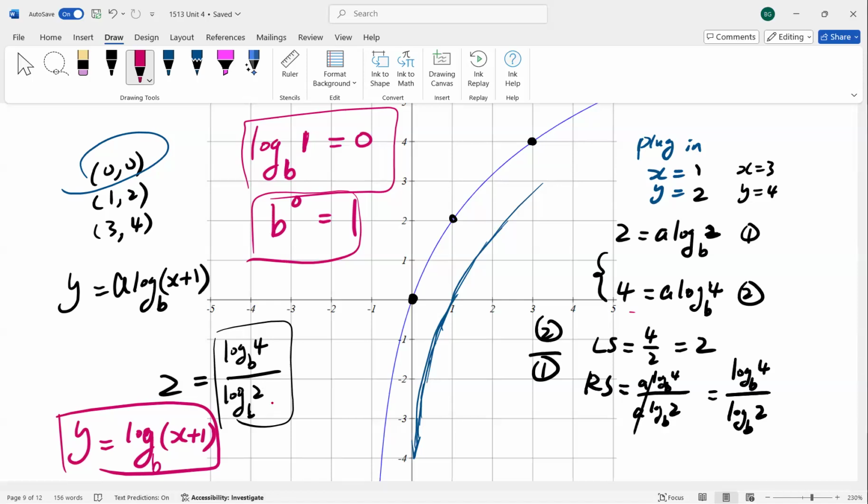Okay, so I think we can do this. When x equals 0 it is 0. When x equals 1 it is 2. When x equals 3 it is 4. Yeah, this one is the right answer. But how do I make you understand why is that?